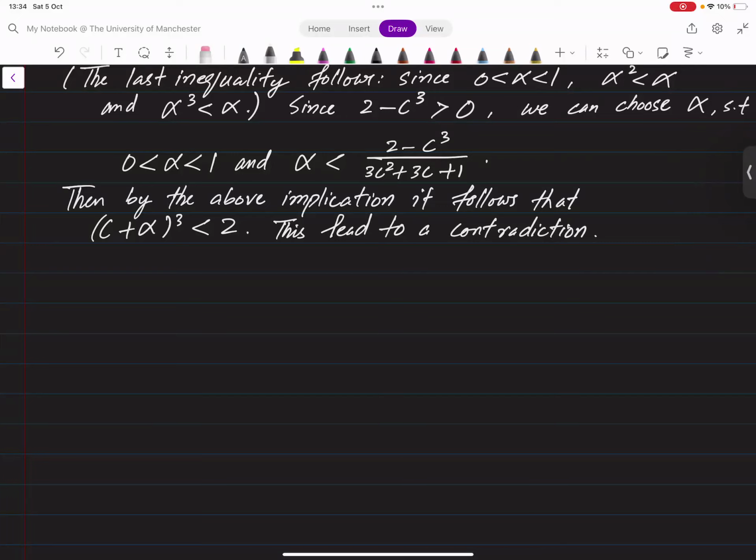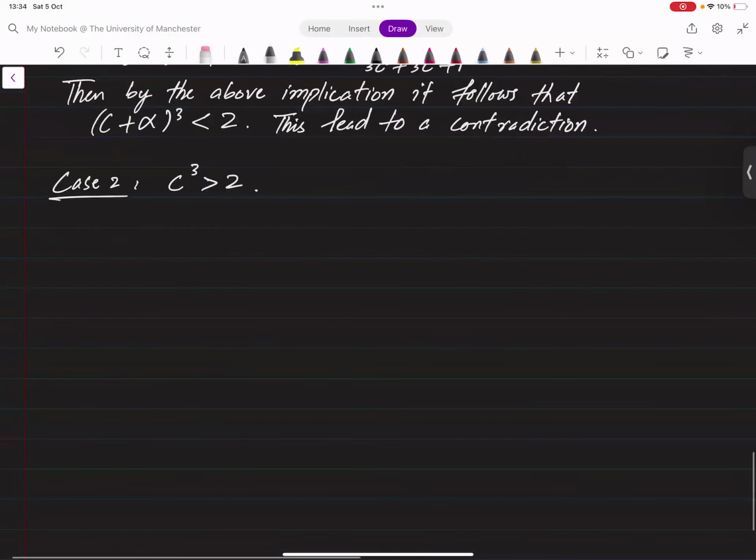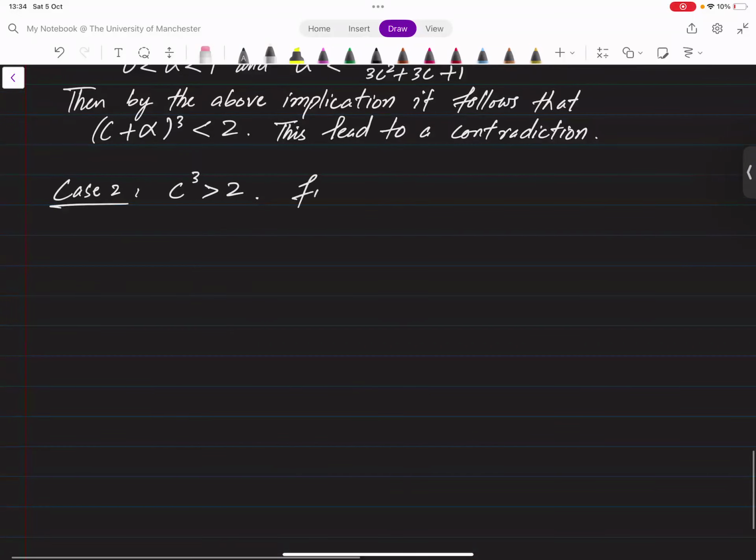Now, we have case 2. Case 2 says that c cube is greater than 2. In this case, our strategy is to find a small number beta. Find beta greater than 0 such that (c minus beta) whole cube is greater than 2.